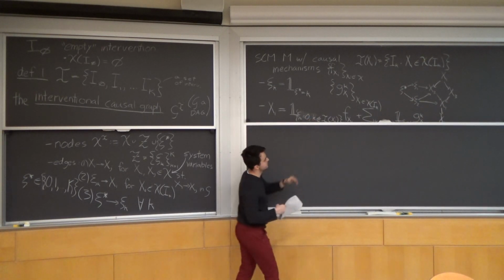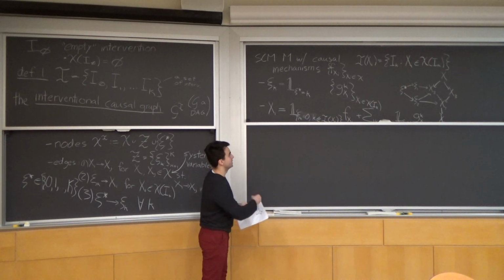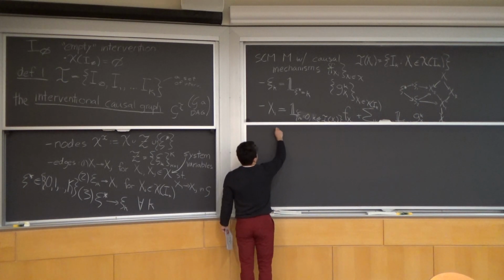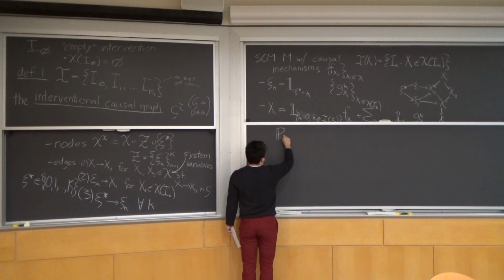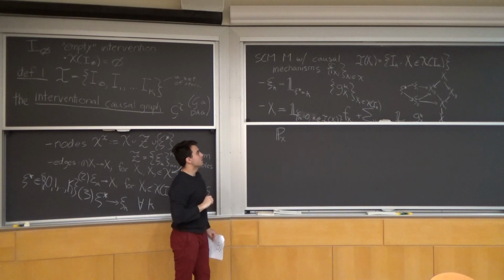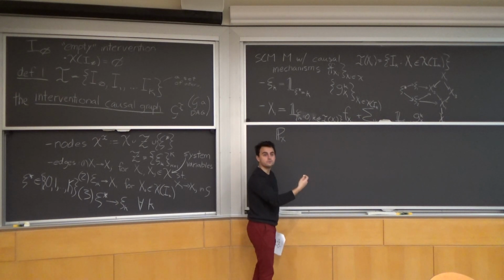Right, and the point of doing it this way is that we basically get back to being able to write down a distribution so that we can think of our interventions as conditioning on these intervention variables.